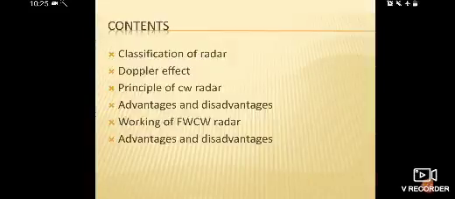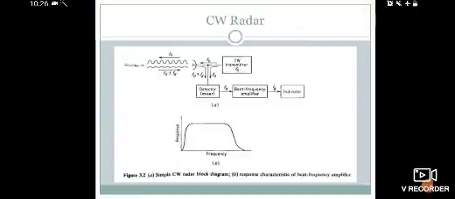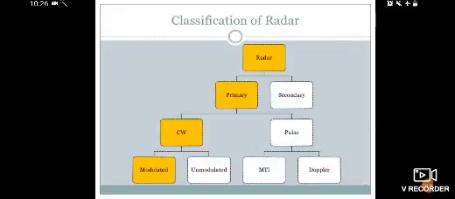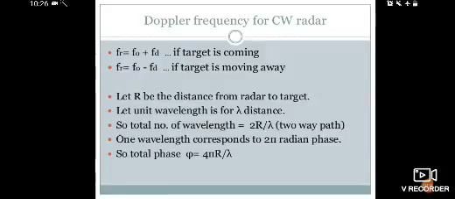We are seeing the basic principle involved in the CW radar. It does not have any IF amplification, but the modified CW radar does. In CW radars we have isolation with the circulator.